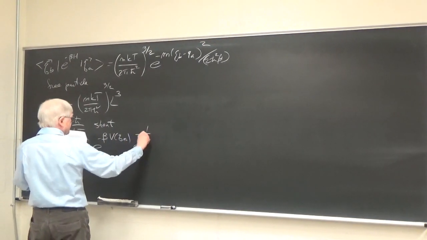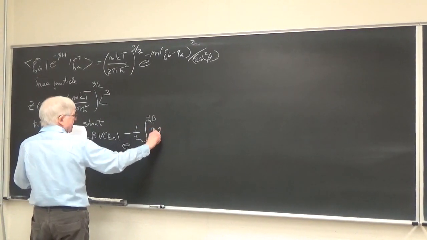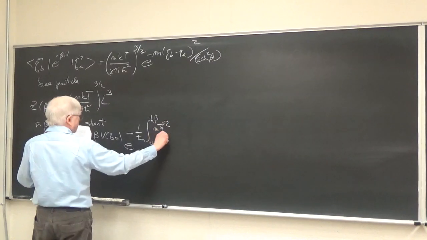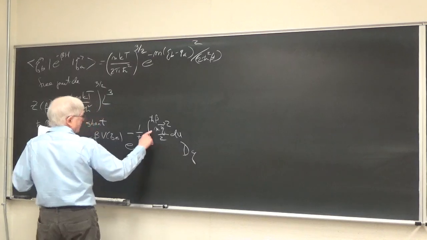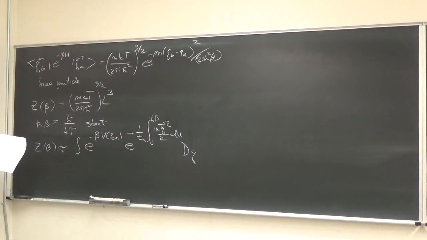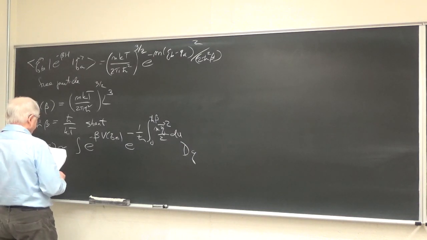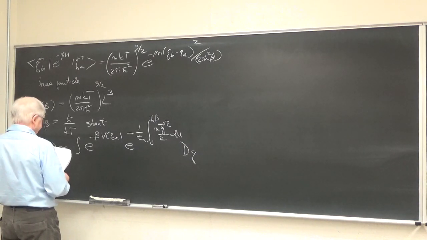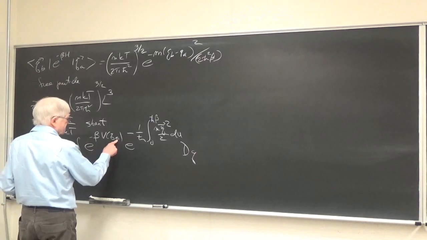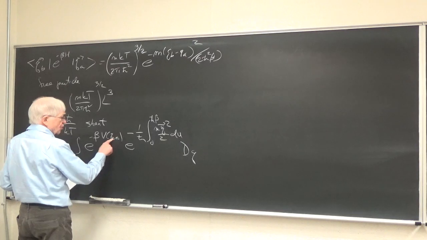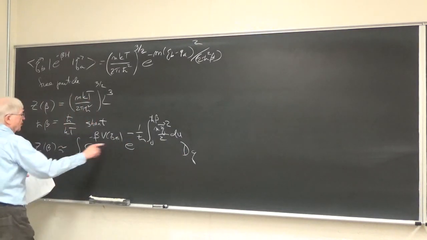So it's that times e^(−(1/ħ)∫ from 0 to ħβ of (m q̇²/2) du). But this thing is just very, very short, and so one can just as well identify the q with the endpoints, the two endpoints that one integrates over.